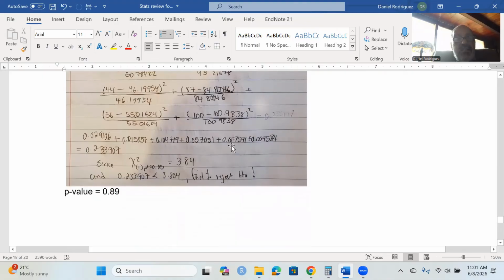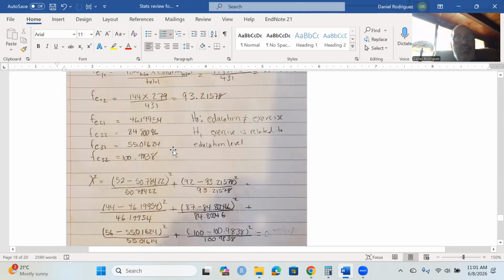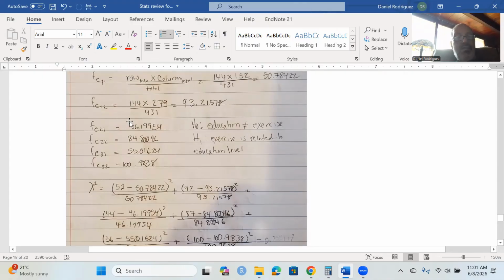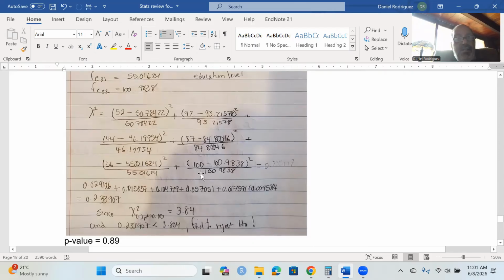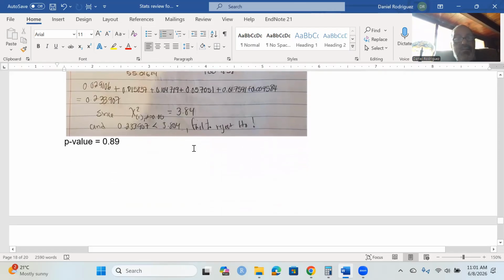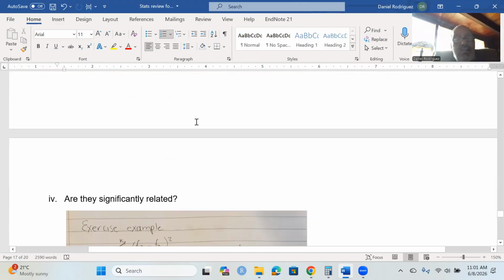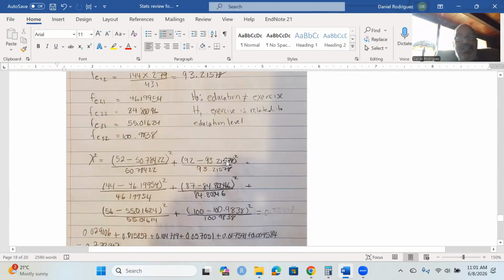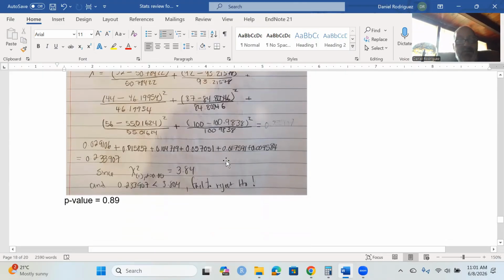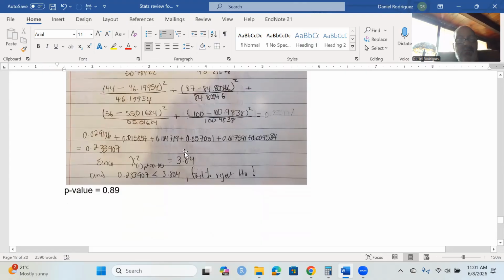So in this test, we got a chi-square value of 0.233907, which is much smaller. This critical value should be what I had before, 5.99, but it didn't matter even if it was 3.84, which is for 1 degree of freedom.